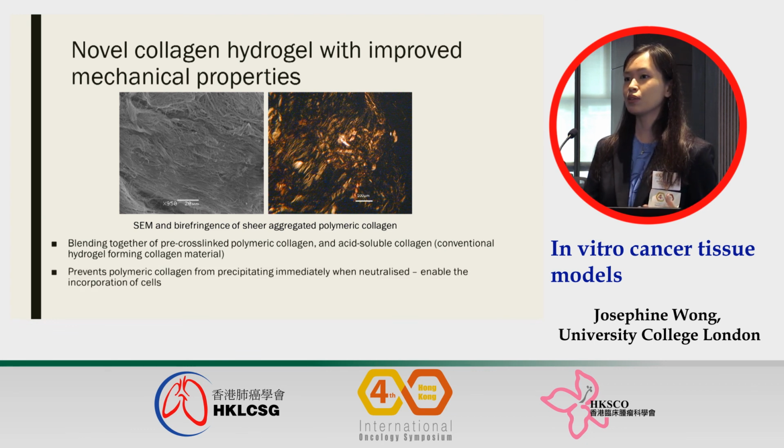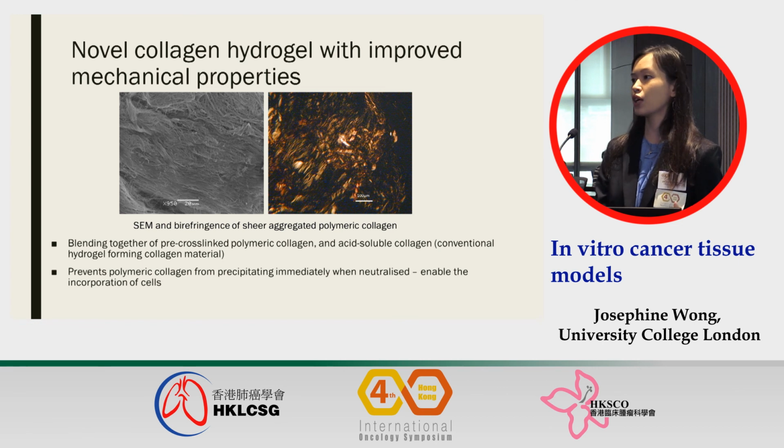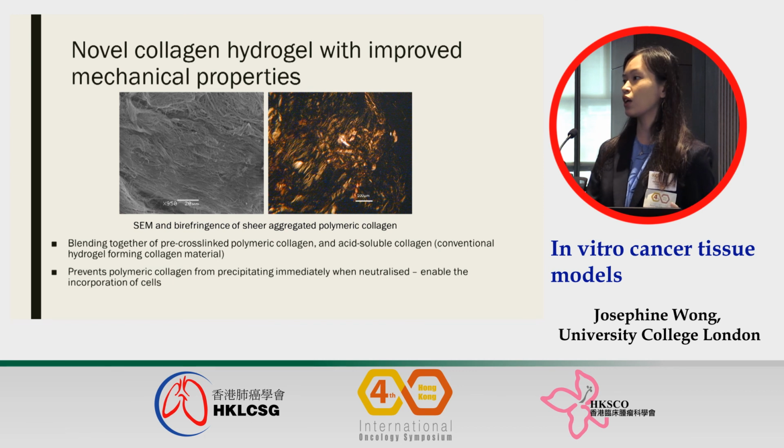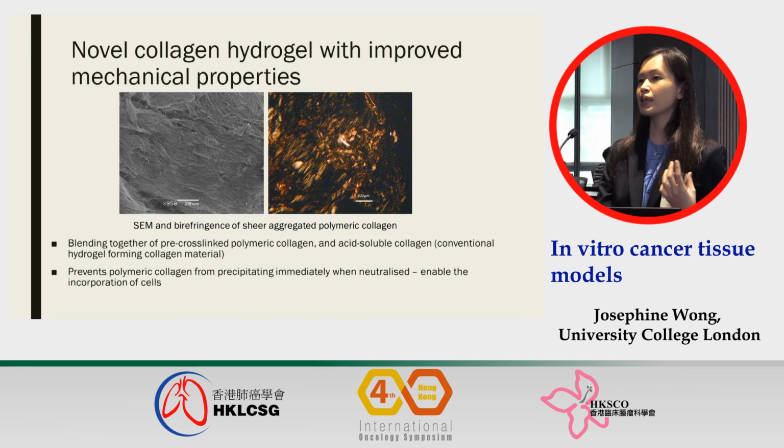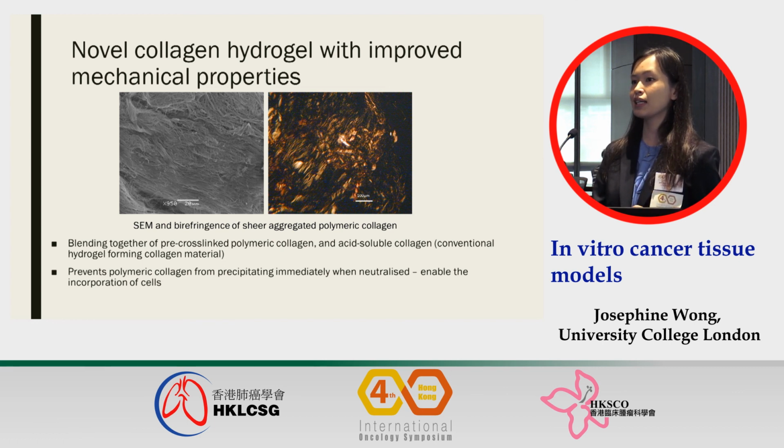Quite simply, what we found is that when you put the polymeric collagen into the conventional gelling collagen, which is acid soluble, and mix it together, this prevents the polymeric collagen from collapsing immediately and enables a window to incorporate cells into the scaffold.